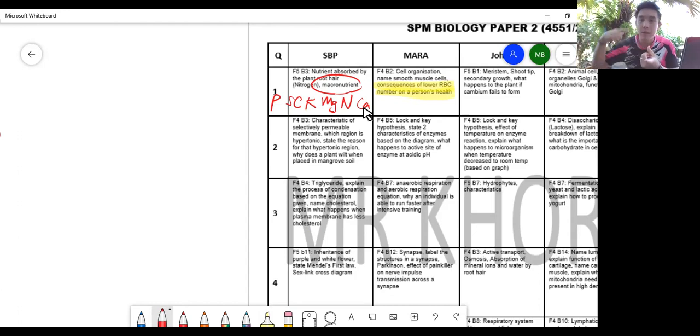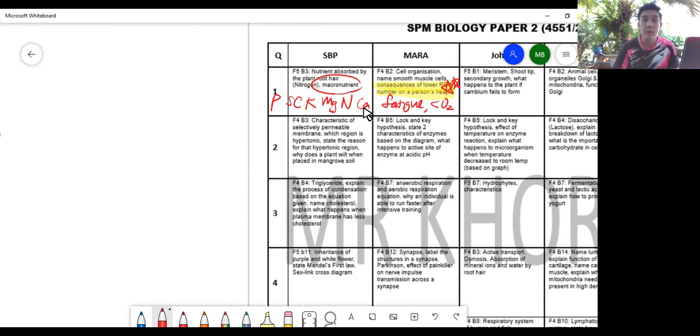Red blood cell got problem, anemia, thalassemia. The symptoms are the same. The person will feel fatigue, lack oxygen, and may lead to shorter lifespan. The answers are standard.